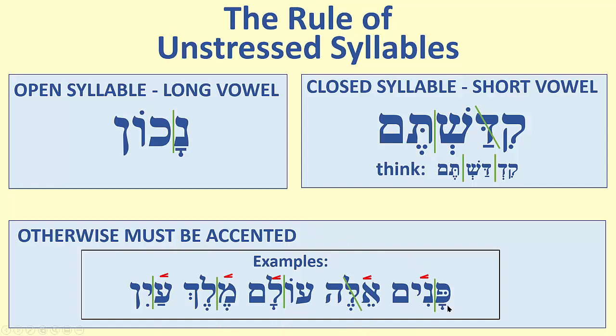In this first word, we have panim. In the first syllable, we have an open syllable with a long vowel. That follows the rule. But in the next syllable, we have a closed syllable with a long vowel. That's not allowed according to the rule, so therefore this must be the accented syllable, panim.